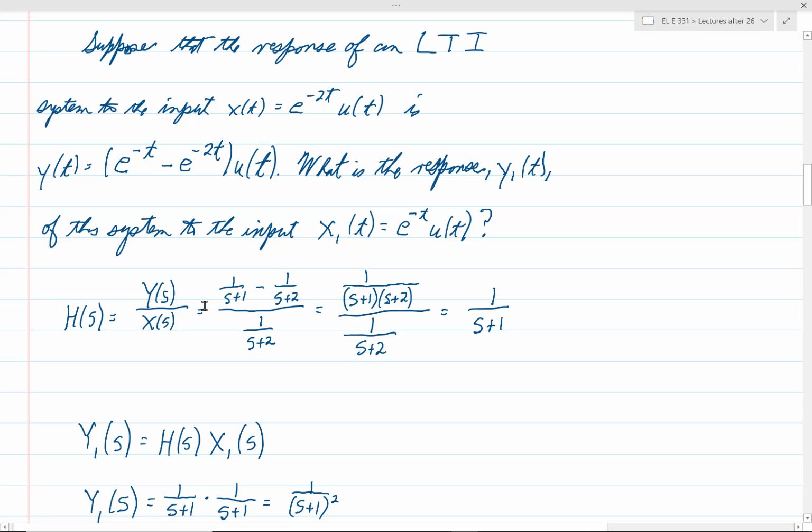And so if you get a common denominator here in the numerator, this is equal to 1 over s plus 1 times s plus 2. And then in the bottom, we just have 1 over s plus 2. And so after we do this division, we're just left with 1 over s plus 1. So that is the impulse response of this system. H of s is equal to 1 over s plus 1.